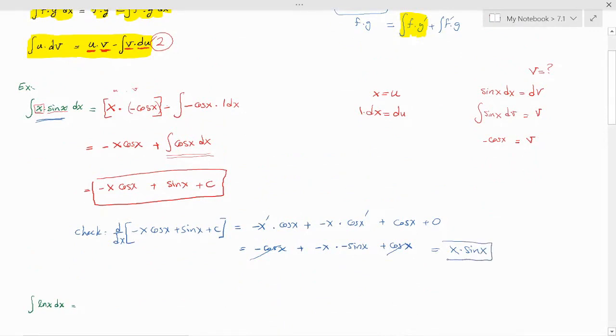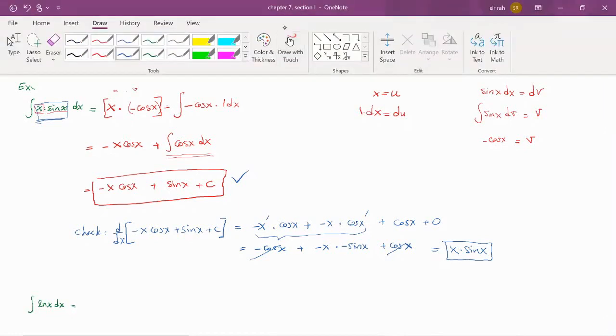So we figured out that the integral of x sine x is basically this term, and it is correct since we checked it. You don't need to always check, but I just wanted to show you that there is a product rule involved. And the idea of this product rule is basically how we get this integration by parts technique.